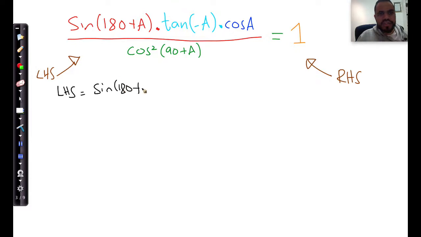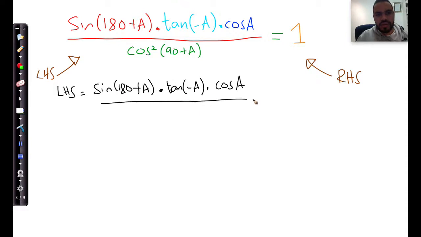So sorry, just for the sake of copying down the question exactly, I'm doing it in black without actually color coding it. I know I promised I'm going to color code it. All over cos squared 90 plus a.